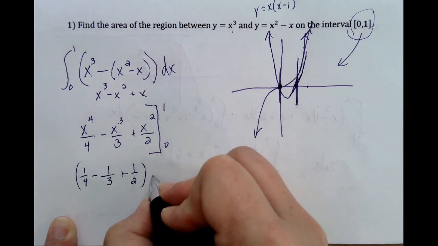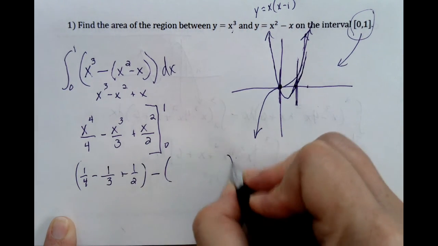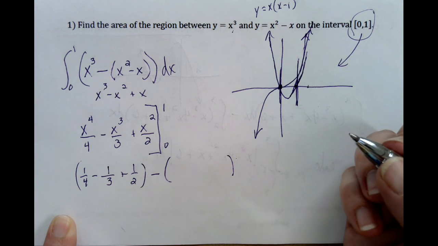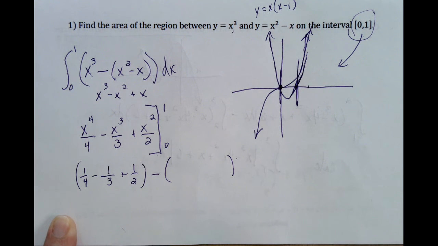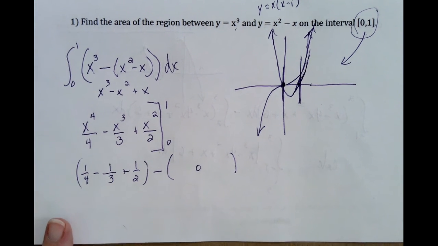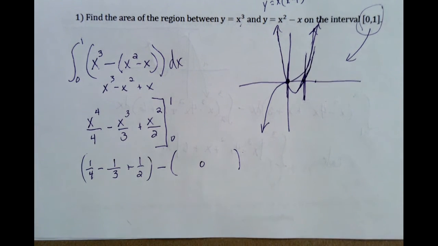minus, who loves the numbers 1 and 0? Right? 0 is your friend. Now, 1/4 minus 1/3 plus 1/2. Oh gosh, this would be the hardest part of this problem, would it not? Does anybody know what that's going to equal?